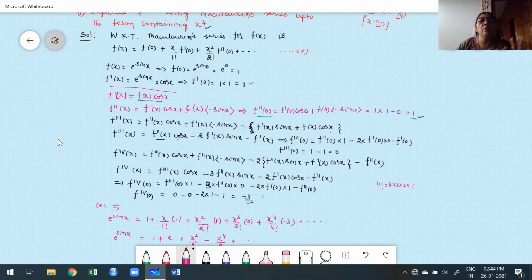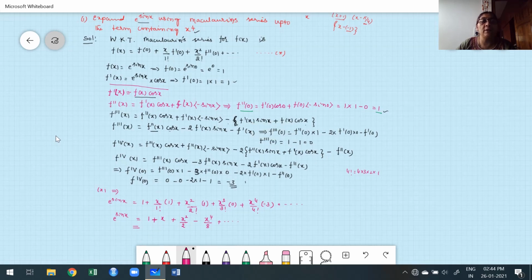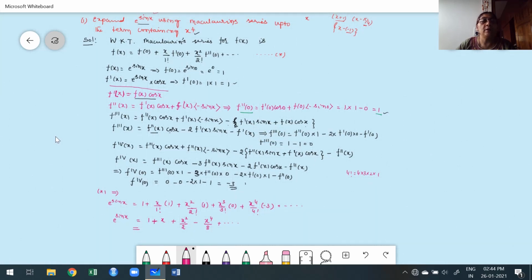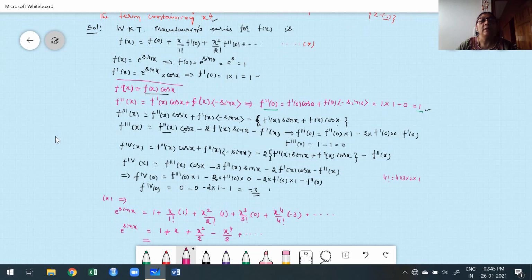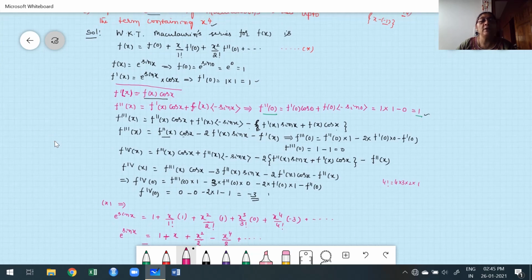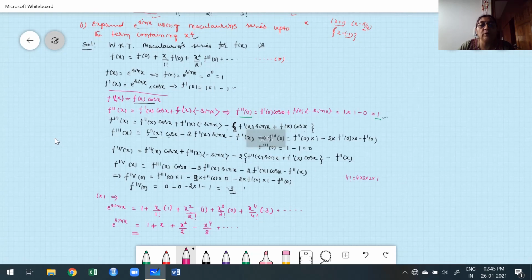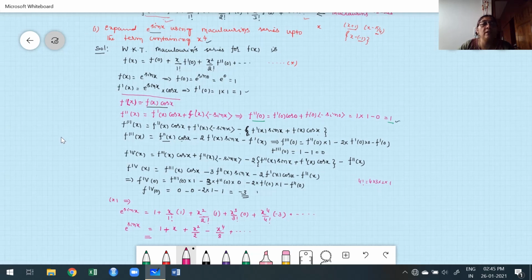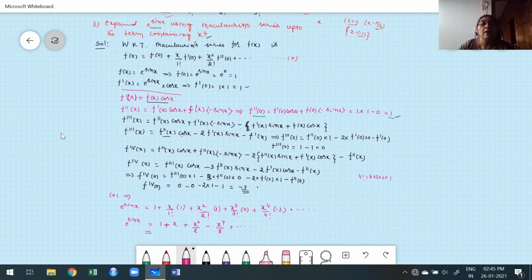Therefore, I have to expand this series up to the term containing x to the power of 4, so first I take the given function as f of x. Then you have to find the derivatives of the function up to the fourth derivative, and also find all the derivatives at the point 0. Then I have to substitute carefully.